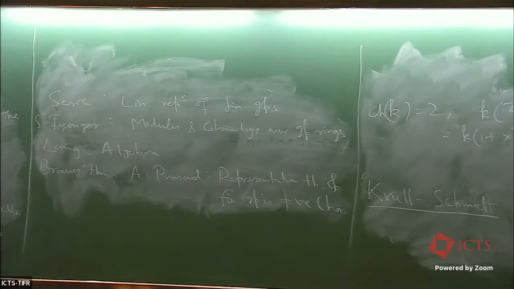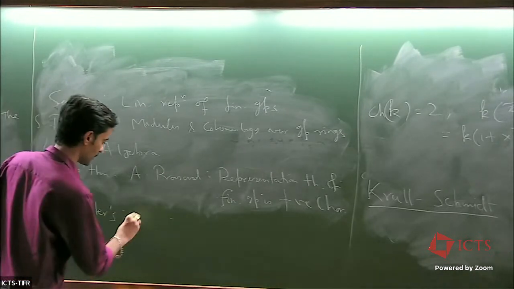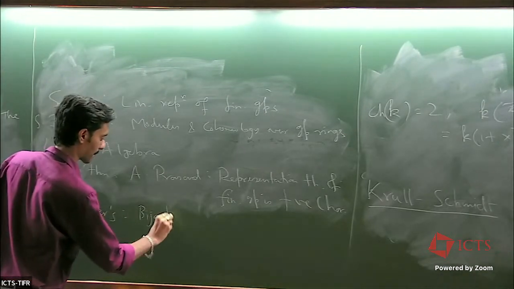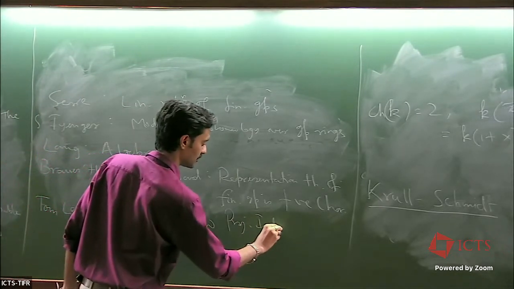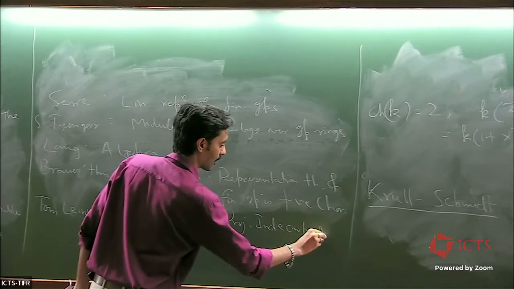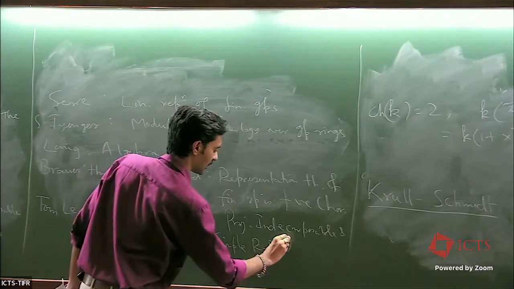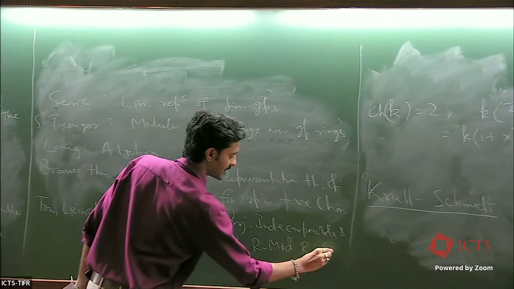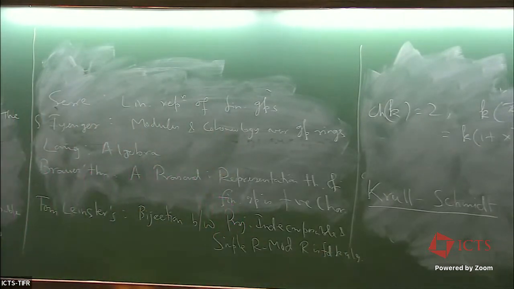And for the last result, this bijection between projective indecomposables and simples, I was going through Professor Leinster's notes on the bijection between projective indecomposable and simple R modules, where R is a finite dimensional K algebra. And this is available on the arXiv. So I'll end.